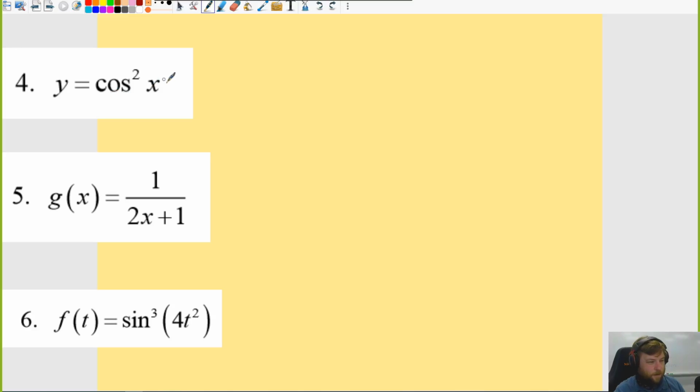This one I'm going to rewrite as the same thing as cosine of x, squared. So this is one of those little traps that doesn't look like a chain rule sometimes. They're easy to put on an AP test. It's a gotcha. So our outside would be something squared and the inside's cosine of x.